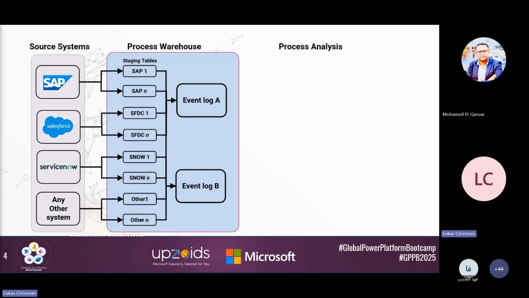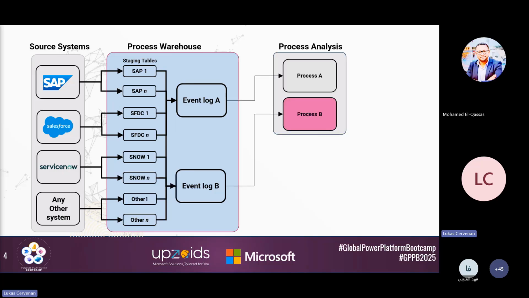So get the data, transform it into the event log. Once the data is ready, it can be loaded into the process mining software for the process analysis. And of course, we can work with several event logs, analyzing several processes. This is the high-level overview of how the flow of actions will look.